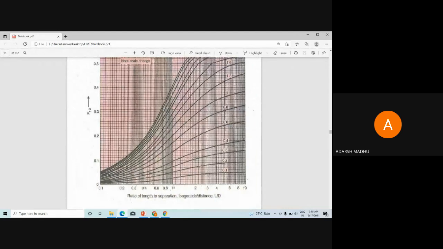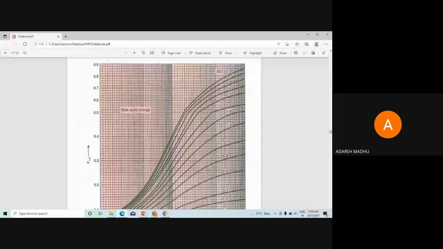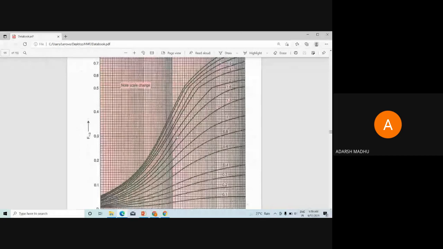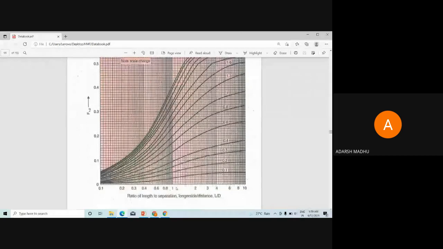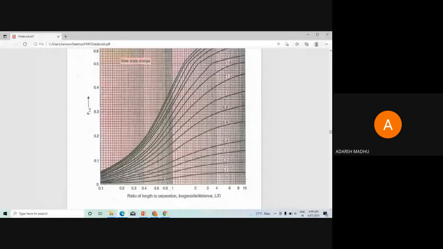Thereafter the y value is shown in curves, that is y equals B by D. Find the curve for the y value, intersect that particular curve, make a point, and the left side y-axis will be your F12 shape factor. So for the case of two rectangles placed in opposite direction, we can find the value of F12 by finding the x value and y value. The x value is L by D, the y value is B by D. So what is L and D?